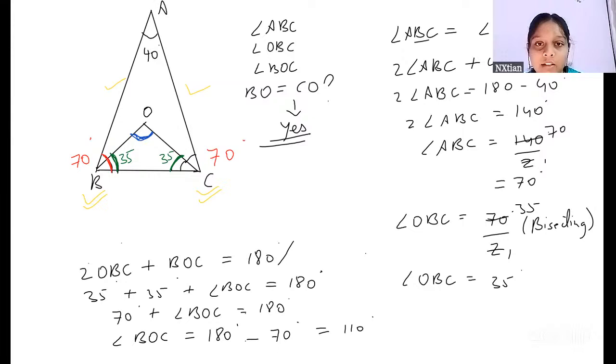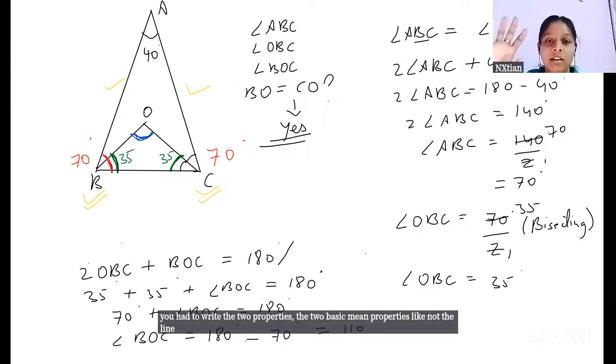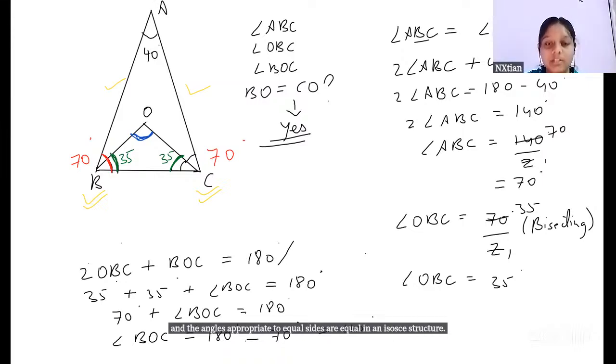That is right, Abraham, but you had to write the two basic main properties: that the sides opposite to equal angles are equal, and the angles opposite to equal sides are equal in an isosceles triangle. Those are the two major properties of isosceles triangles that we have to write.